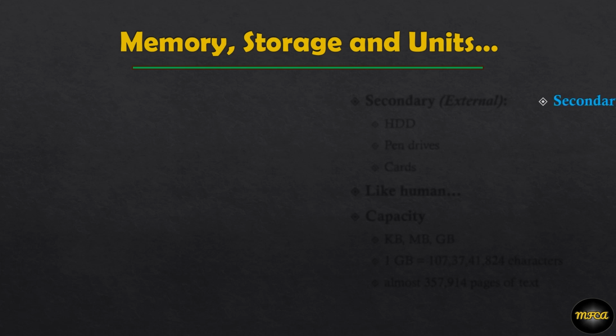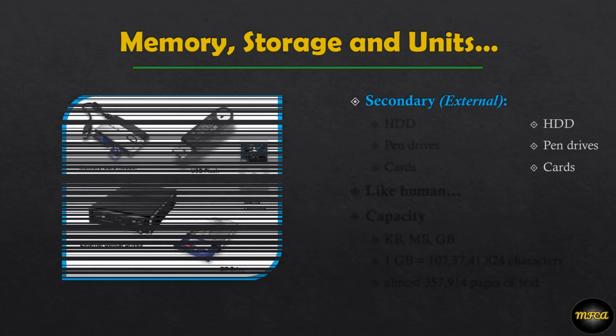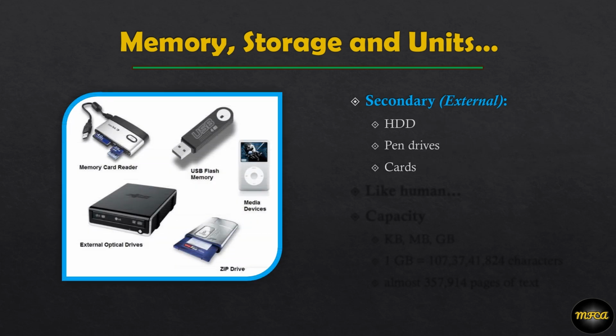That is where secondary storage comes in. These secondary storage devices are external units you can connect to your computer as and when needed. They come in different varieties like CDs, DVDs, USB flash drives, and memory cards. They all store information in a digital format that the computer can understand.